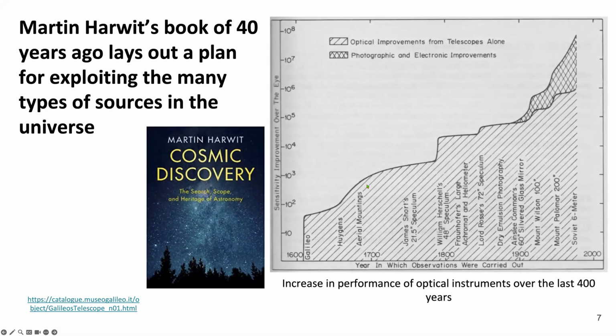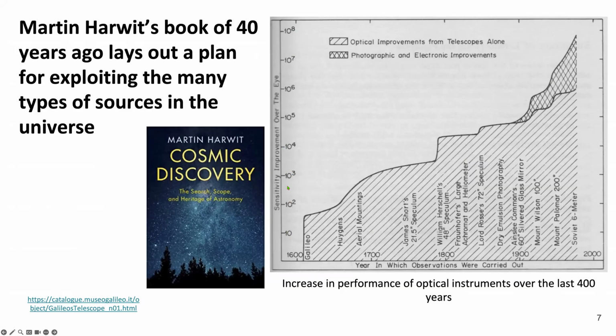So I borrowed some of his artwork to show some of the history that's been so important in our gathering of information about the cosmos. So here we have a progression over roughly 500 years, starting in 1600, of how much better our technology is than the human eye.